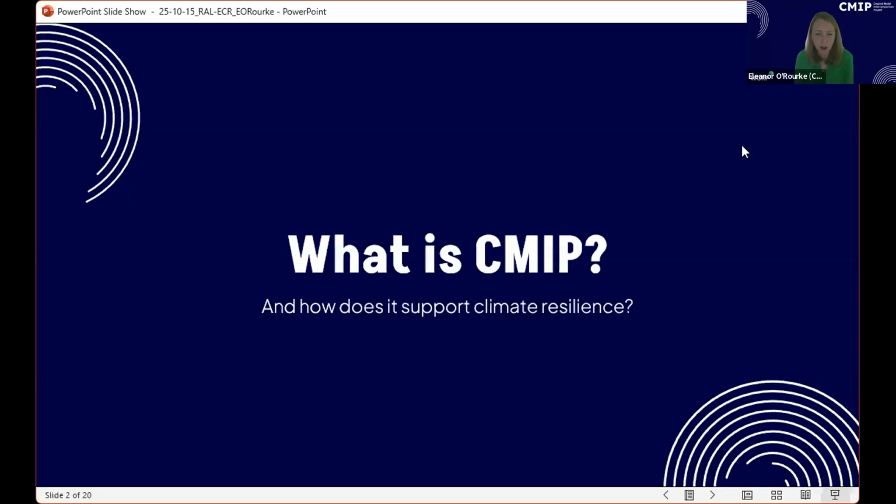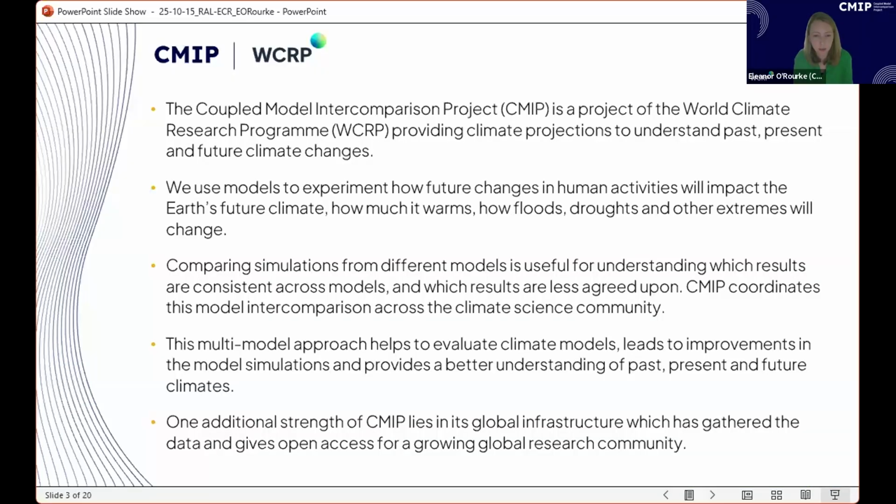So just as a start, what is CMIP for those of you who are not familiar, and how does it support climate resilience? So the Coupled Model Intercomparison Project is an activity that sits under the World Climate Research Programme. And the World Climate Research Programme is a jointly funded activity that sits under the United Nations and a couple of other co-sponsors.